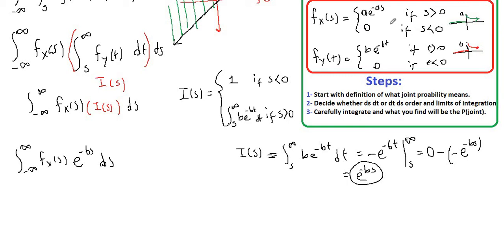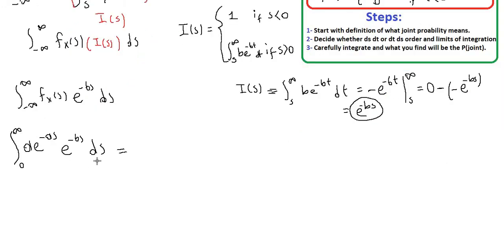So our density function that we're going to use will be a e to the negative as, because anything less than 0 has no contribution to the density function. So instead of negative infinity to positive infinity, we can change the limits of integration from 0 to infinity and use the density function a e to the negative as for fx of s, and we calculated I of s already, which is e to the negative bs ds.